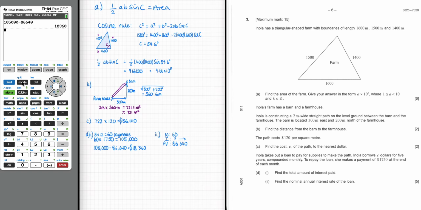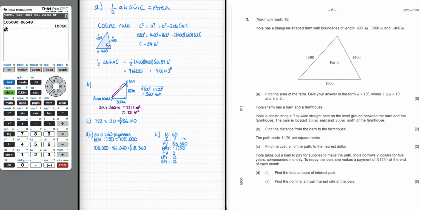So that's how much I presently had. And then the PMT, so the bank's given that to me, it's from my perspective, so I'm paying out, so it's a negative 1,750. The future value is 0 because eventually it'll be paid off. And then I have a CPY and a PPY, of which both are 12.